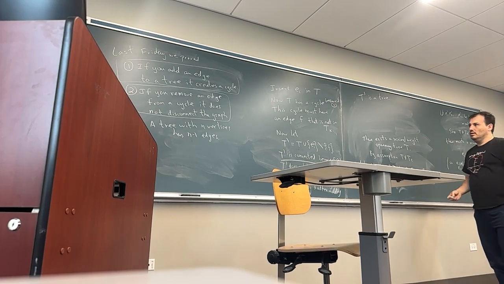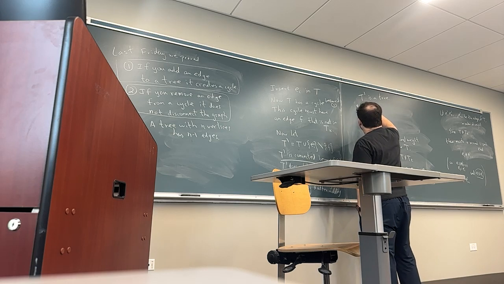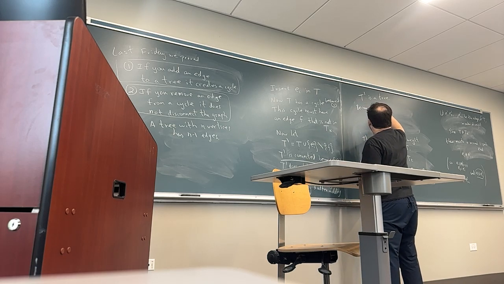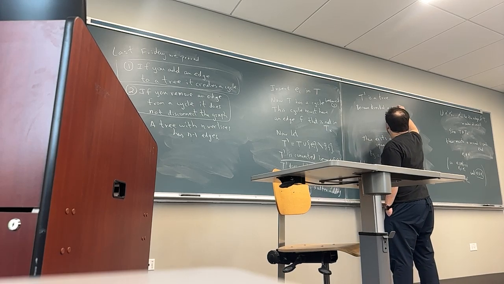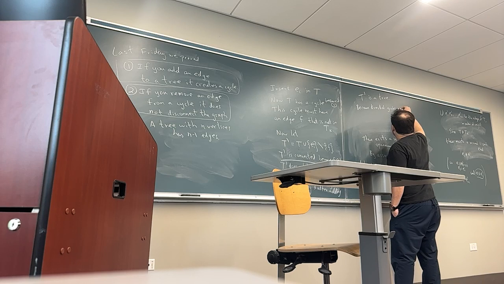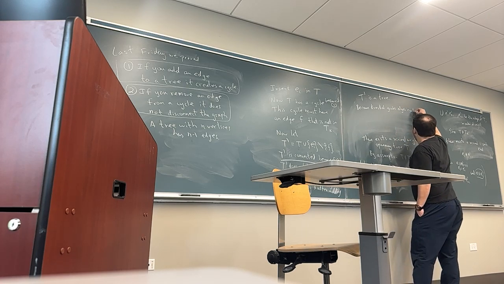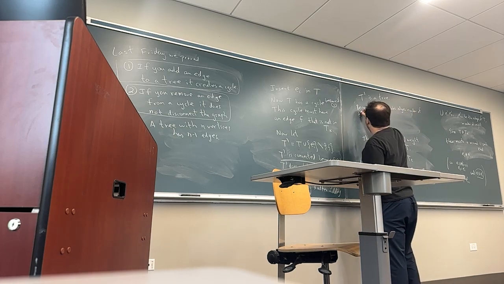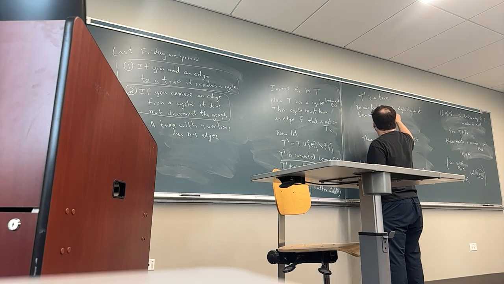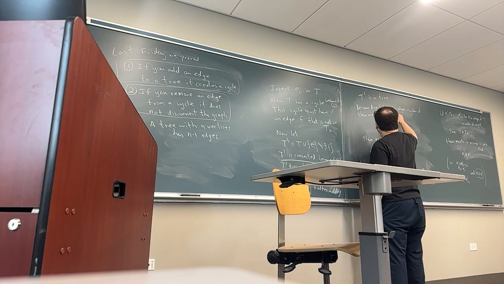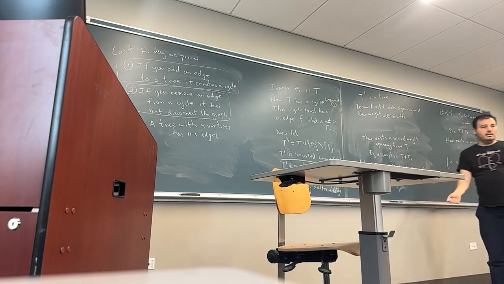Now note that because Kruskal grabs edges in order of weight, that forces that the weight of EI is smaller than the weight of F, right?